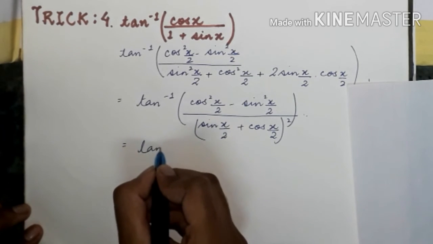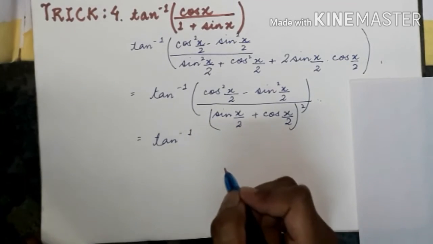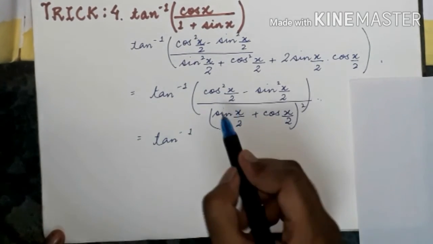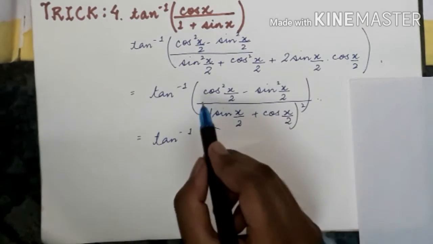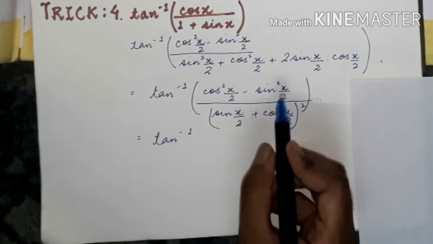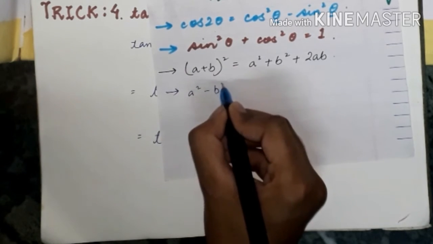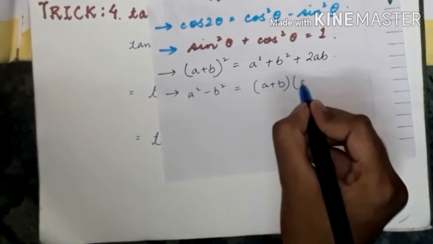Let's see what is the next step. It is really very easy. You will be surprised on getting the result. Here you can use the identity a square minus b square, cos square x by 2 minus sin square x by 2. A square minus b square is equal to a plus b into a minus b.